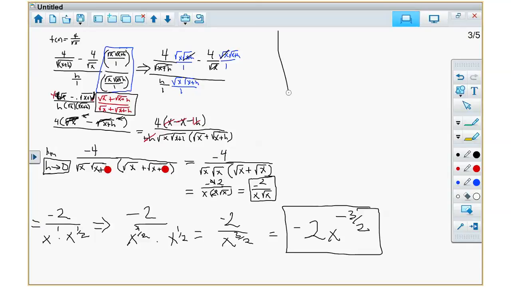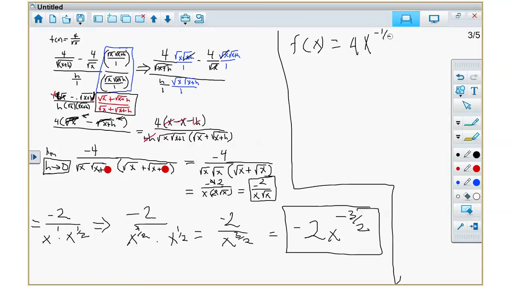Now we check with our handy dandy calculus, which we're going to get into in the next unit. f of x is equal to 4x to the -1/2. Use our exponential rule of calculus, and that's going to be -1/2 times 4 x to the -1/2 minus 1.